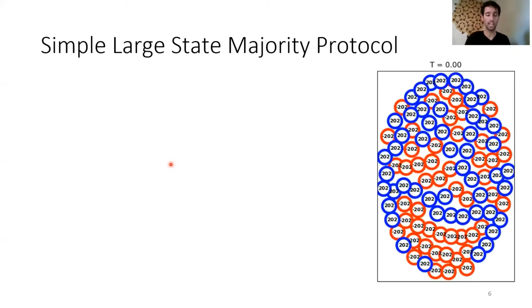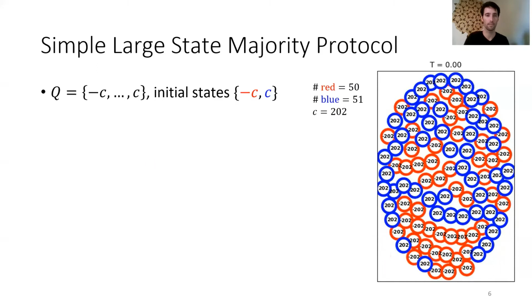Now, for a simple example of how large state spaces help protocols be more efficient, let's consider a large state majority protocol. The goal is to detect in the initial population whether the red or the blue agents are in the majority. Our state space is going to be integers ranging from -c to c for some constant c, and the initial states are going to be -c if they're red and +c if they start blue.